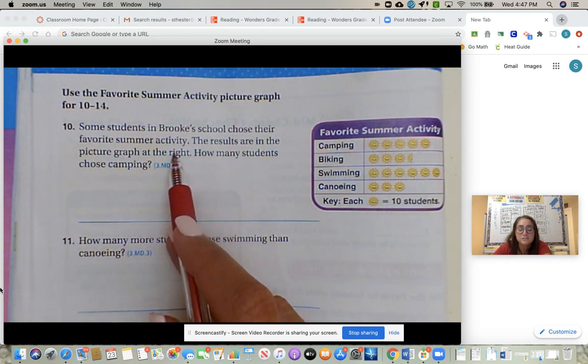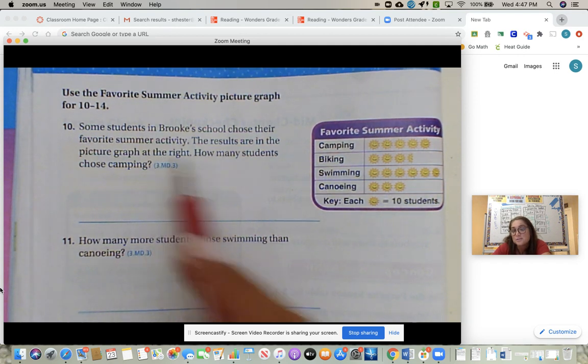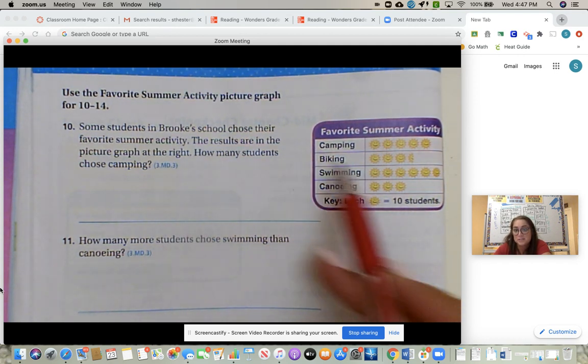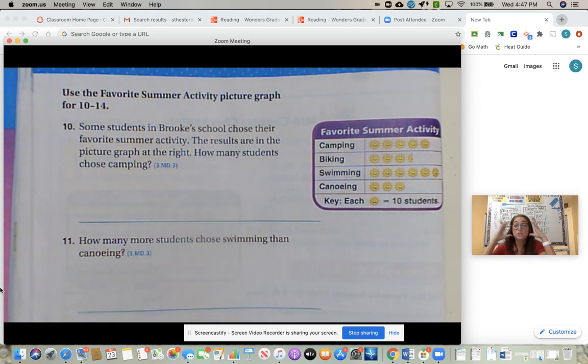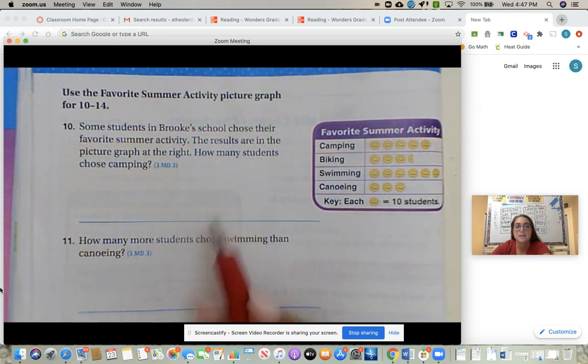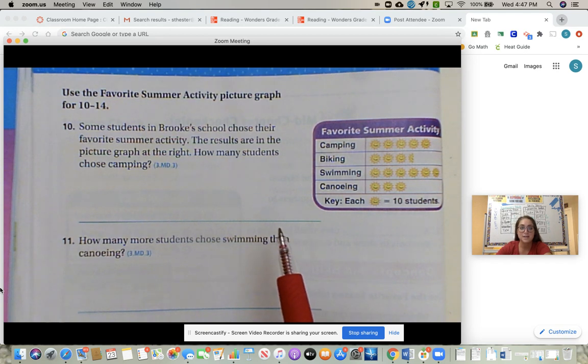So these first two sentences are kind of fluff, which means they're just setting it up. They're telling you to use this graph. Because now you have to use cubes, underline that question. How many students chose camping? You should have your answer already because you filled in your graph.